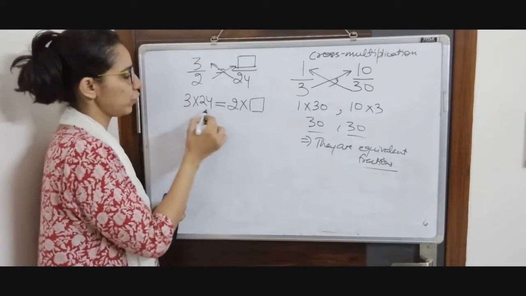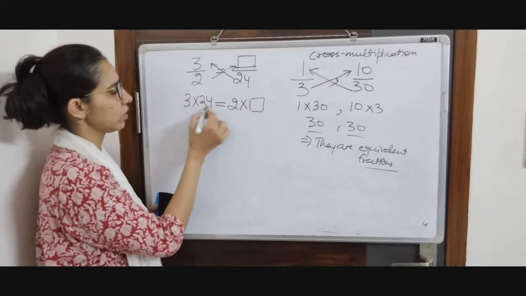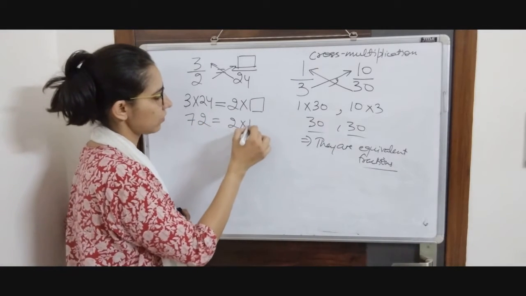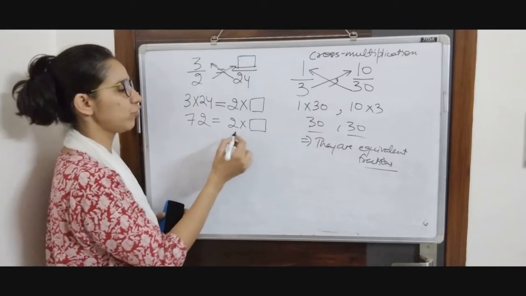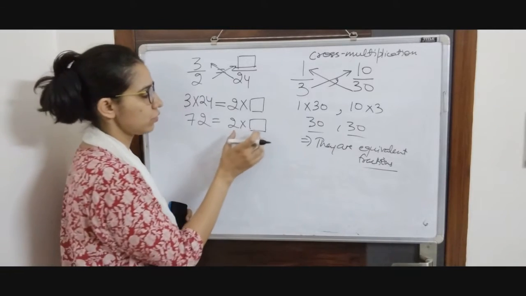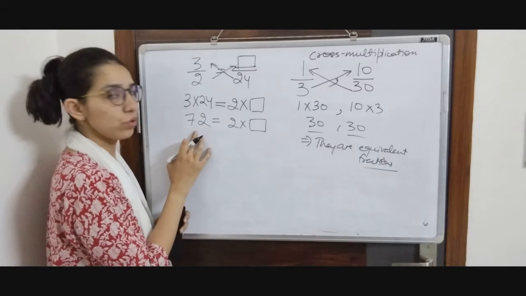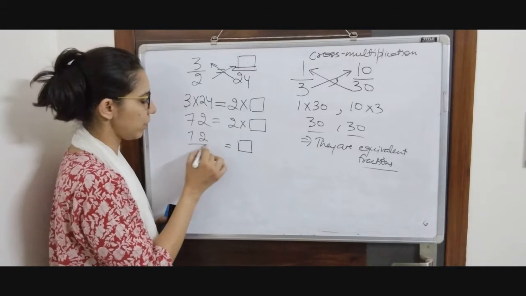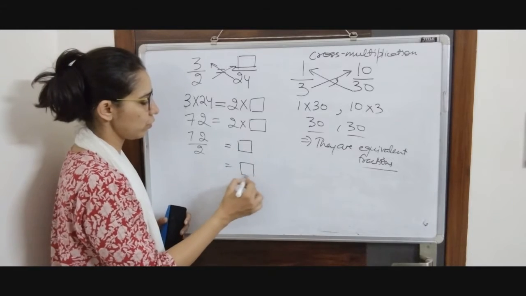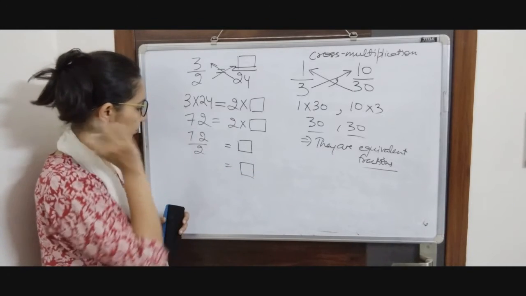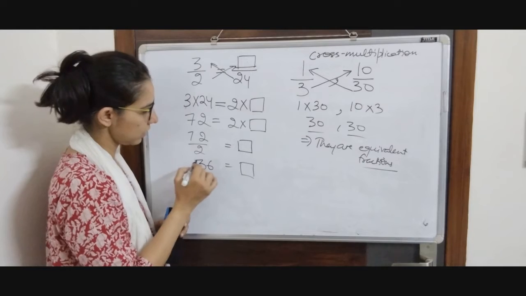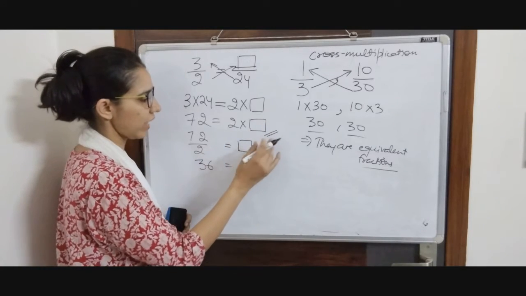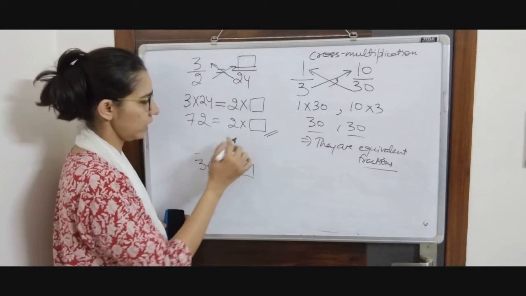So 24 into 3 is going to be 72, and this. By what number should I multiply 2 to get 72? So this number is going to be 72 divided by 2, which will be equal to 36.